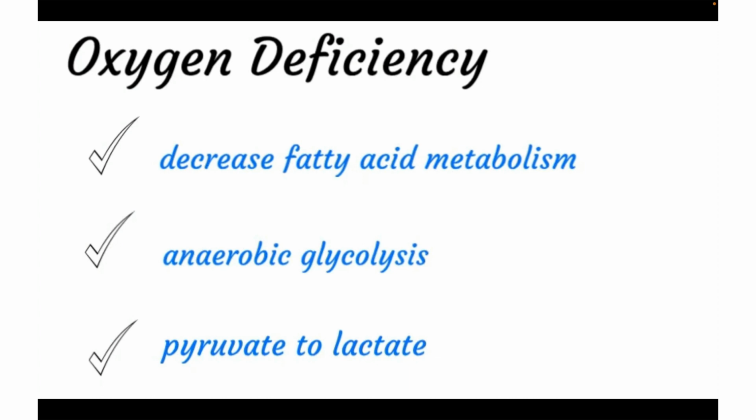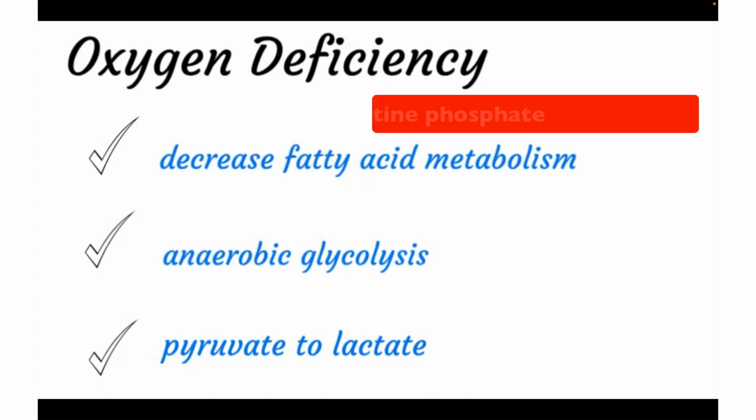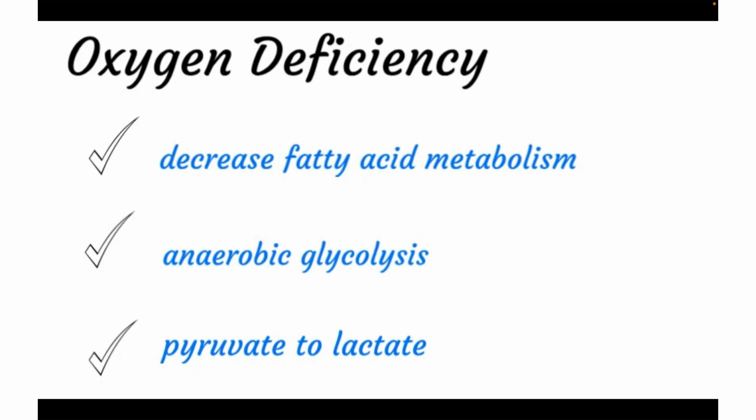So the options are using some of the residual ATP that we talked about. The other options are anaerobic glycolysis, that is to say the production of ATP via glycolysis in the absence of oxygen. And to reiterate what we've discussed many times, glycolysis does not require oxygen.